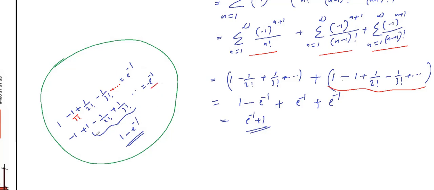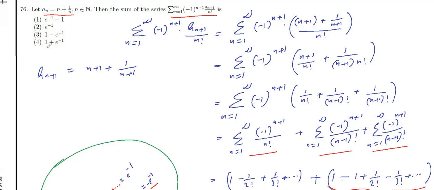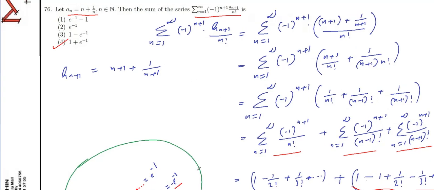And then from here to here you have to select. That is going to be minus e to the power minus 1 plus 1. First, second and third. Simplify that, and you will get e to the power minus 1 plus 1, which is the fourth option. Yeah, that's it.